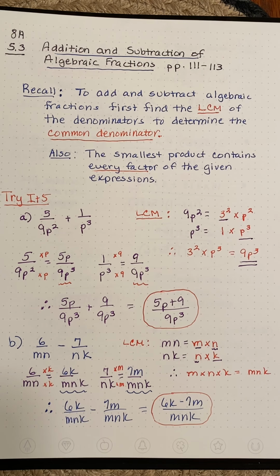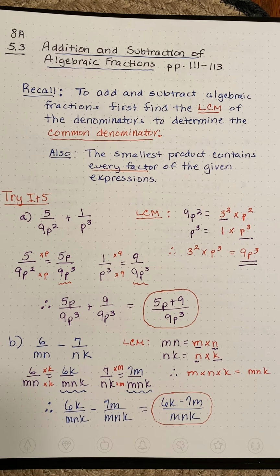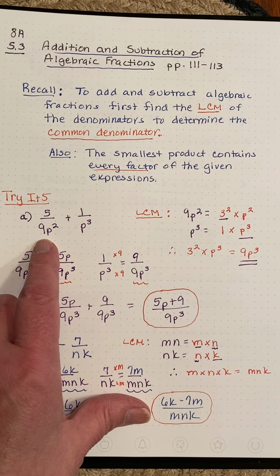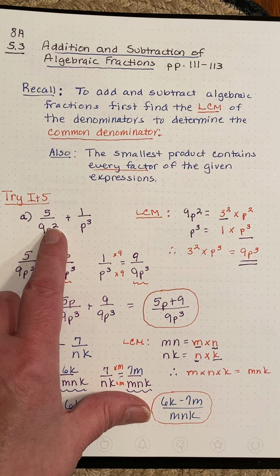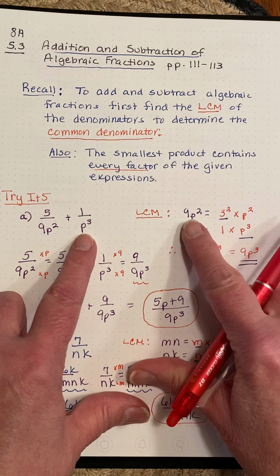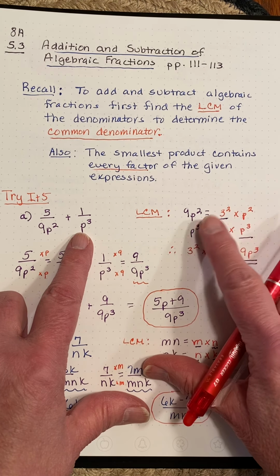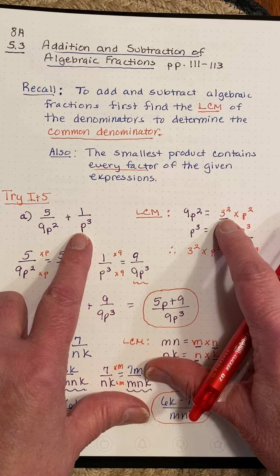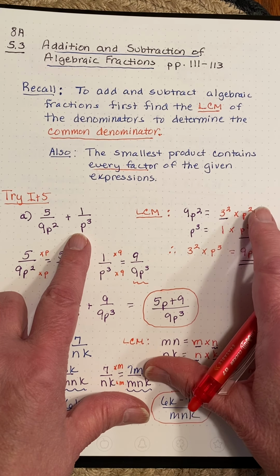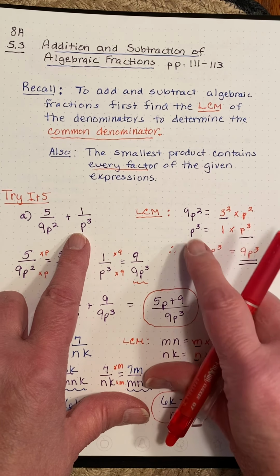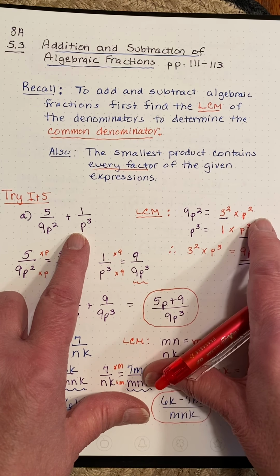We have in letter A 5 over 9p to the second plus 1 over p to the third. So we have to come to common denominators for 9p to the second and p to the third. So 9p to the second, I simply factor it out according to what's there, and it's 3 to the second times p to the second, or 3 times p times p, and p to the third is 1 times p to the third.